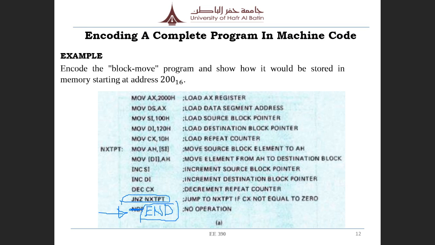Okay, because I need two quizzes before Measure 2. So before Measure 2, one will be on machine code and one on control flow. So for control flow instruction, when will be the quiz? Next Tuesday, okay? Next Tuesday, and I'll announce it on the blackboard also.